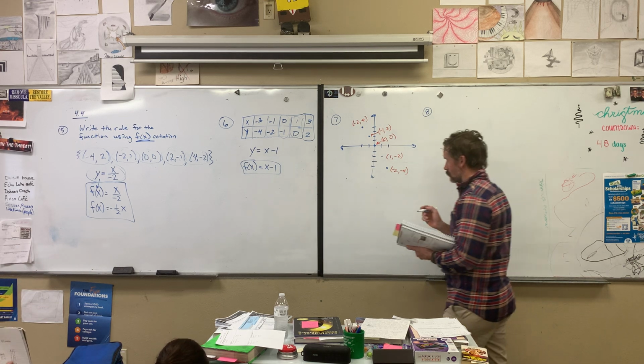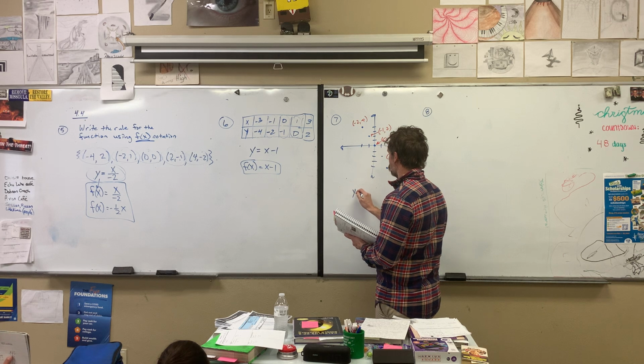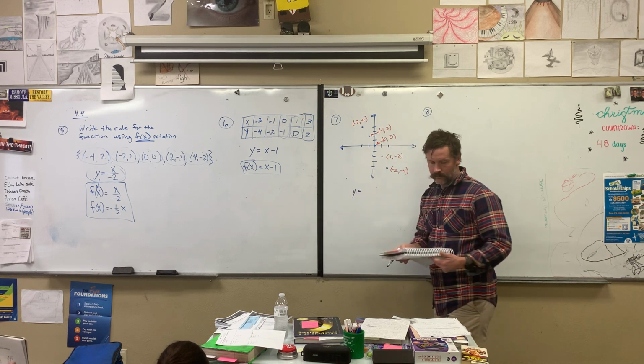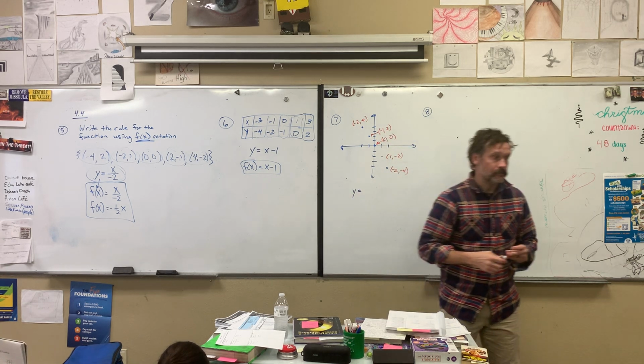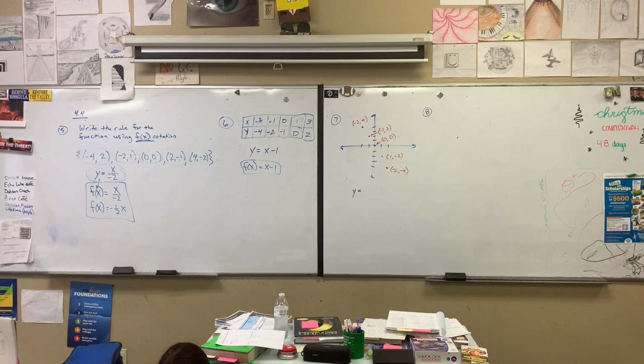In a table. And then how do you get negative 2? You multiply it by negative 2. How do you get negative 1 to 2? You multiply it by positive. Is it y equals negative 2x? It's like quadruples.